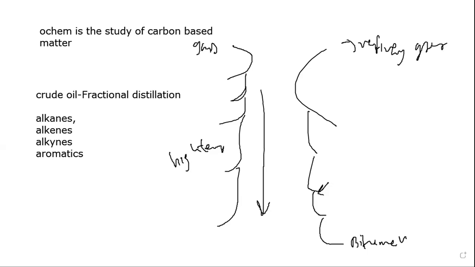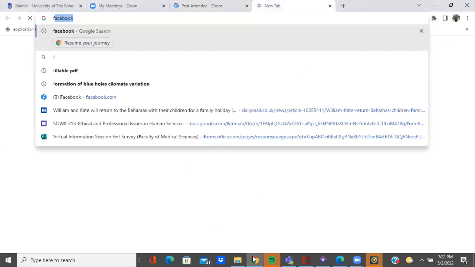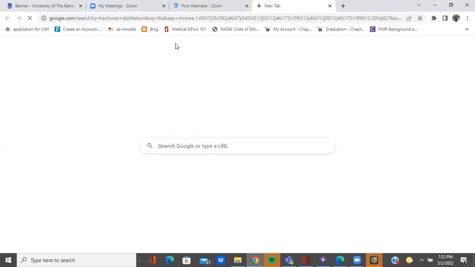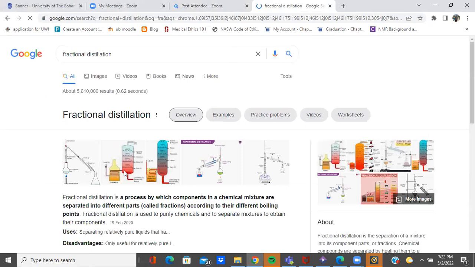Actually, let me show you an example of fractional distillation. Let me go to my screen. If I type in fractional distillation, let's look at this.